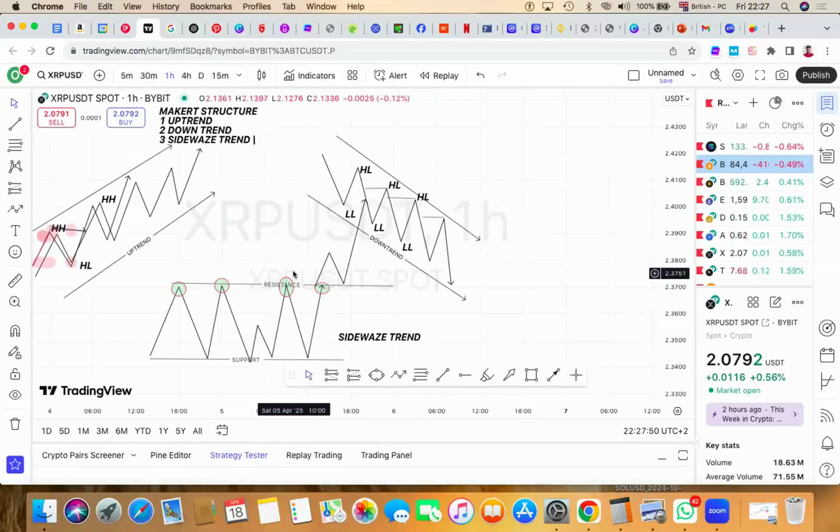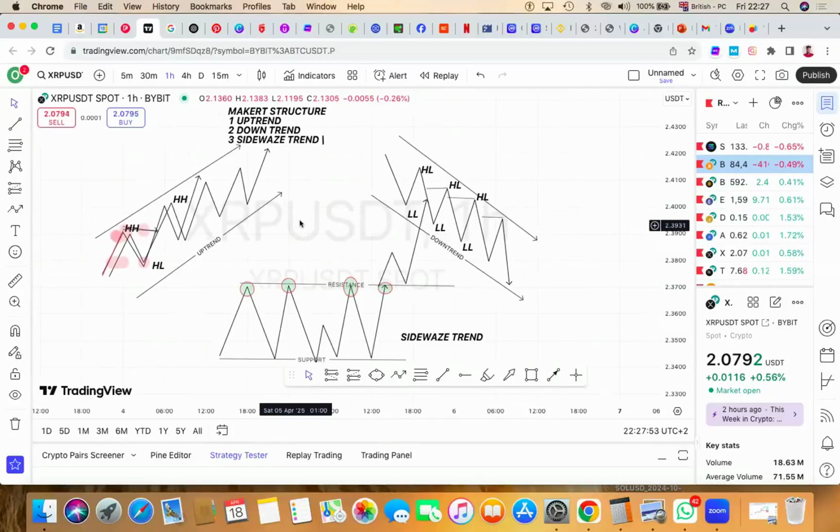Now for our market structure, for the uptrend, what you want to look for is higher highs and higher lows, and then a break of structure to the upside. One thing you also want to know is that there is always an impulse move. Yes, thanks, Mr. Lewis, that was sideways.